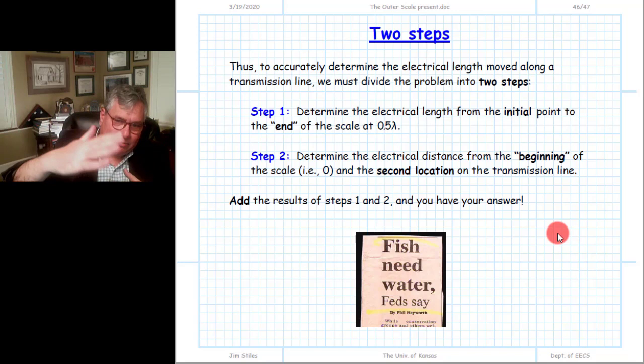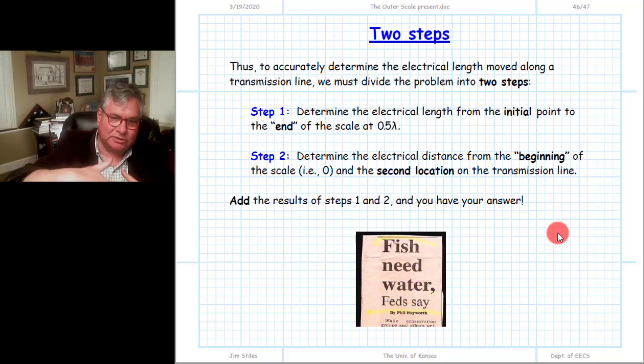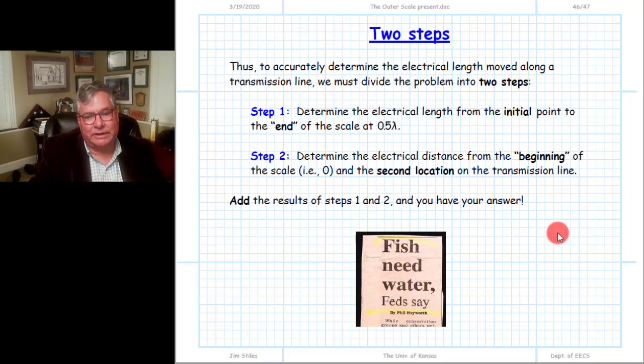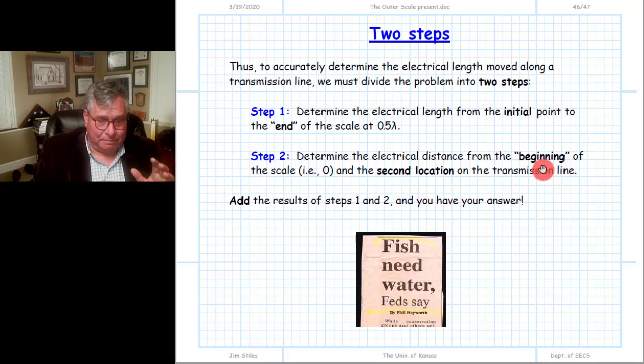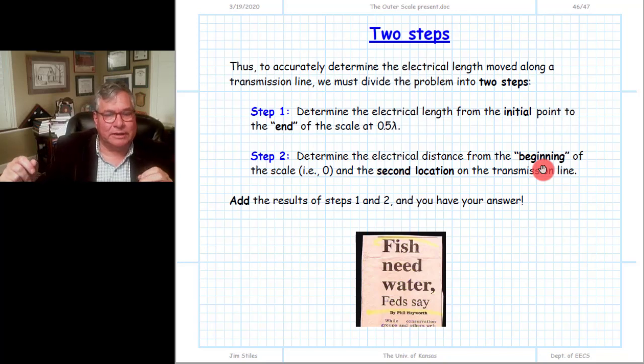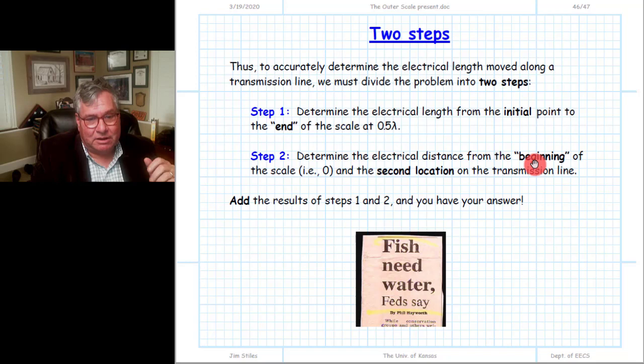The first step is the rotation angle, or electrical distance, we take to get from our initial point to a value of 0.5, and then a second step where we determine the electrical length from that boundary to our final location. Add the two results together, step 1 and step 2, and we have our answer.